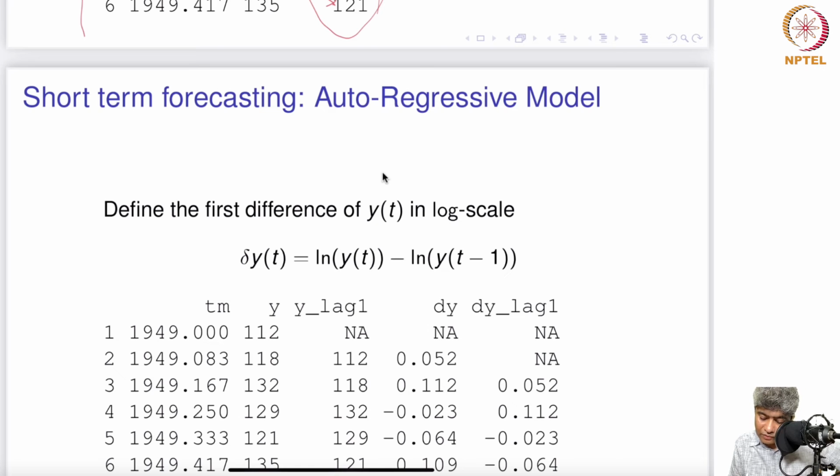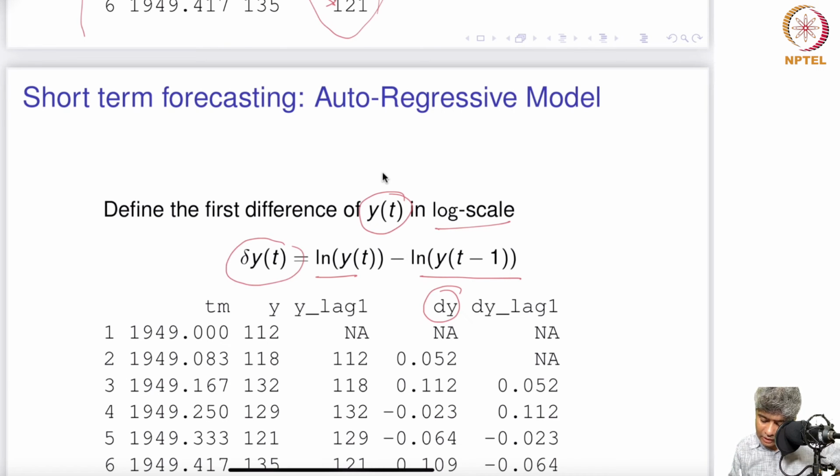So define the first difference of the yt in log scale as log yt minus log of yt minus 1, because we found that log yt in the long run forecasting was very good. So we just take the differences, so dy is essentially this.